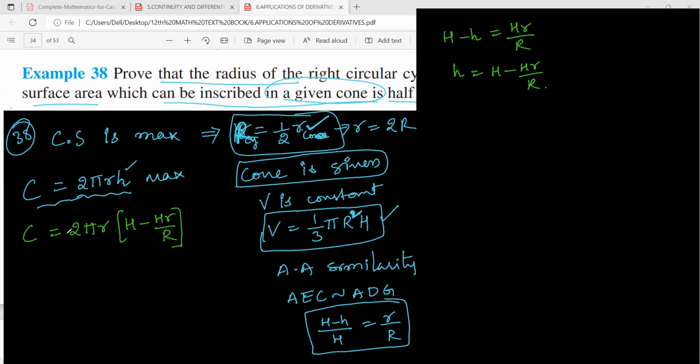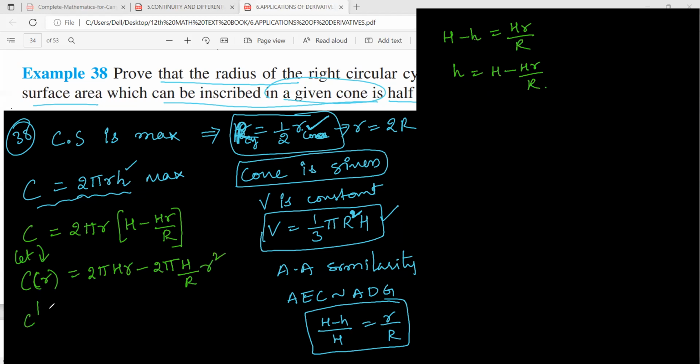Now C is a function in R. So C(R) we will write. Let C equal, take inside: 2 pi hr minus 2 pi, okay, 2 pi r square, but h by R is constant, 2 pi h by R into r square.